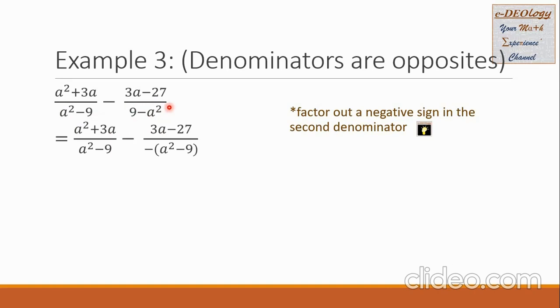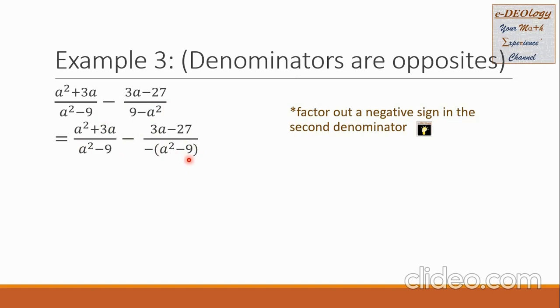So what happened is, it becomes like this. I copy the first rational expression and then the minus sign along with the numerator. But in the denominator here, it becomes minus of this binomial a squared minus 9.